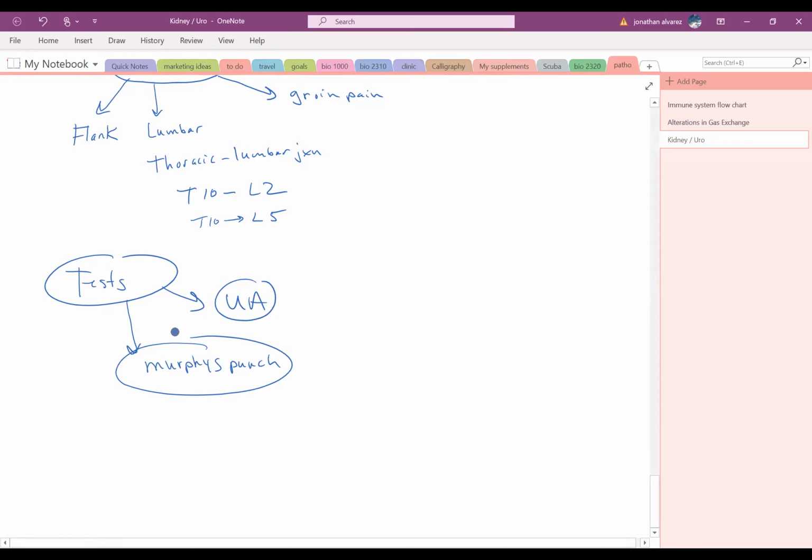You simply place your hand on their kidney and gently strike it, because you're trying to provoke the kidney on purpose. You're giving it a little tap. You're not trying to knock their breath out or do a rabbit punch. It's just a gentle tap. If the kidney is inflamed, it hurts more and increases the symptoms they have. That's called Murphy's punch.